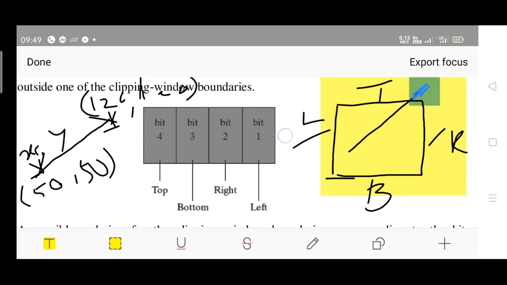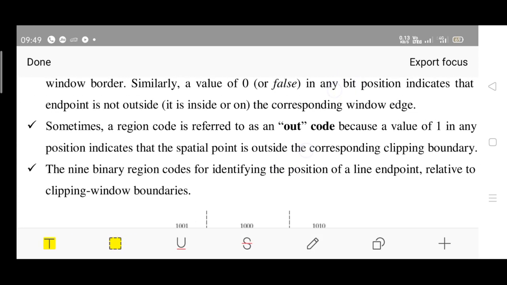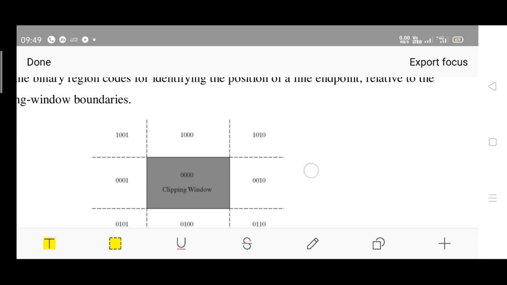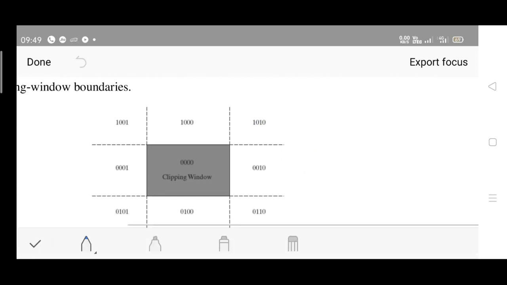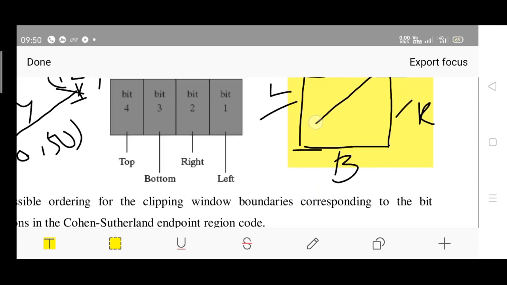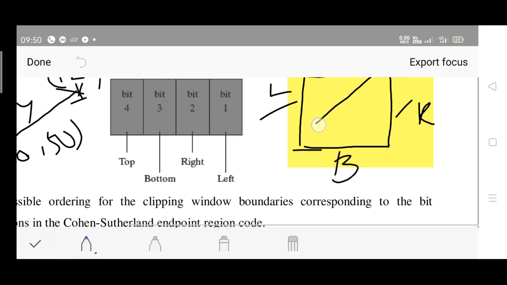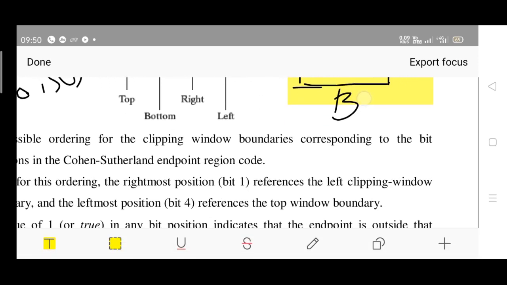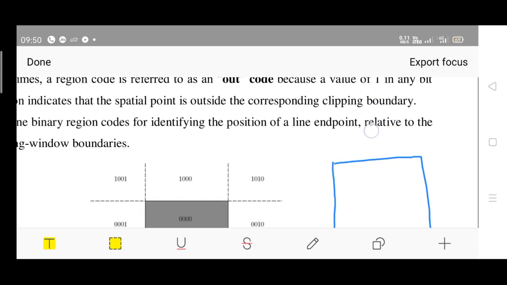So let me redraw the clipping window. Concentrate. This is the new clipping window. Check the first point. Whether any changes are required? Of course not, it falls inside the region only.